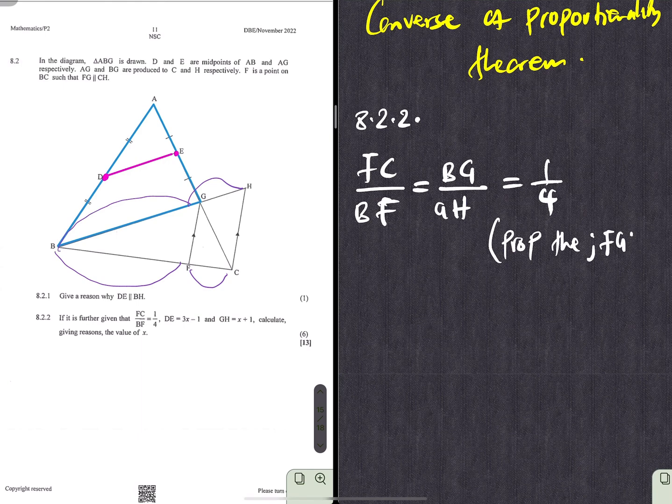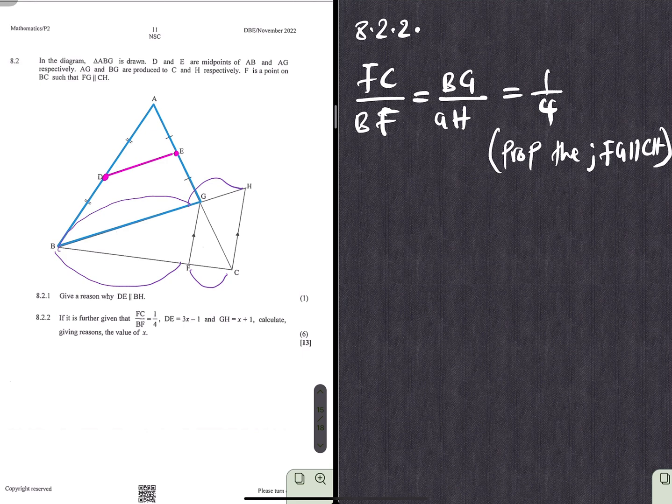That is FG is parallel to CH. The other way to write this reason would be to say that the line parallel to one side of a triangle divides the two sides proportionally. So this means that BG over GH is equal to 1 over 4.